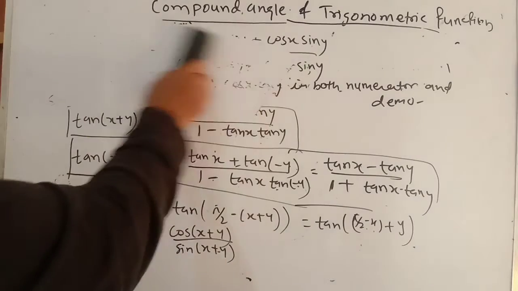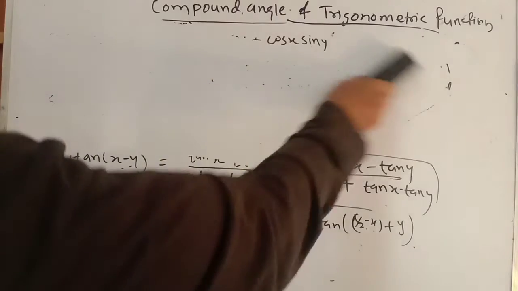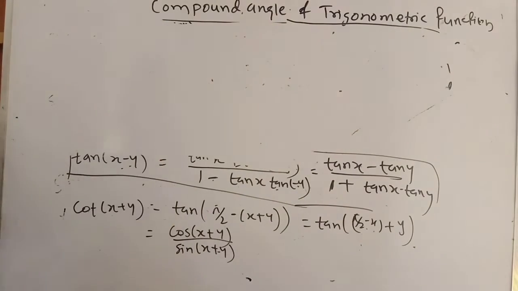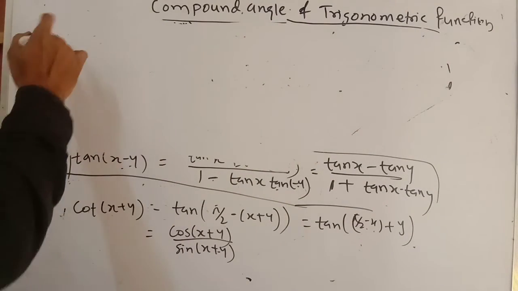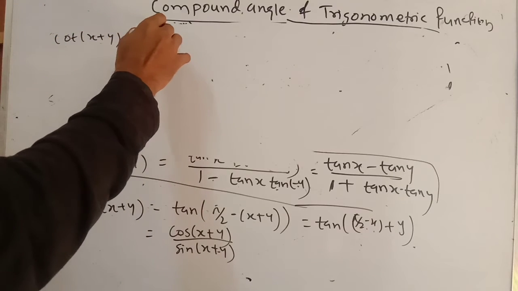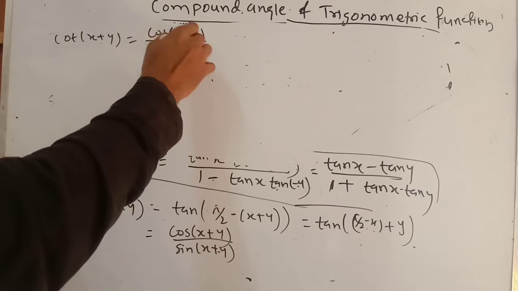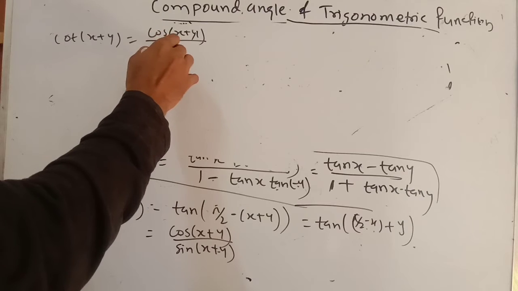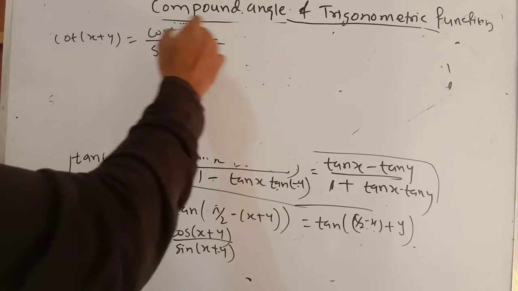Okay, so let me start with one. When we write cot of x plus y, we write cos of x plus y divided by sin of x plus y. So now break this one.